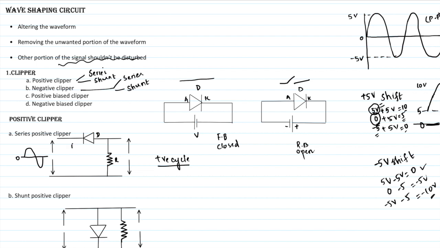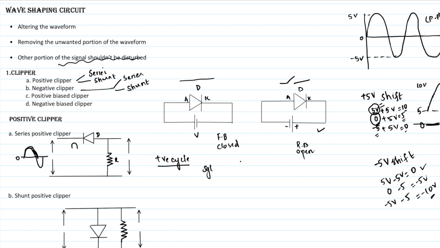When you allow the positive cycle, the positive signal is given to the diode's cathode. That is this second case. Which means that the diode becomes open. When diode is open, no current will flow, so you will not get the signal.